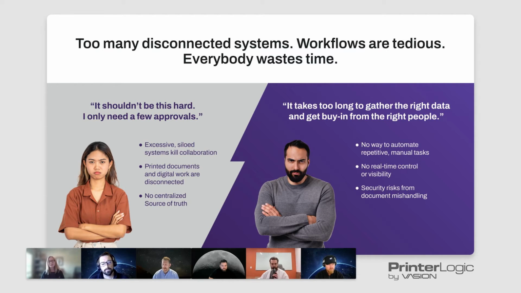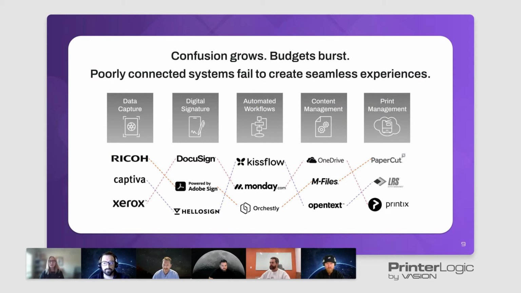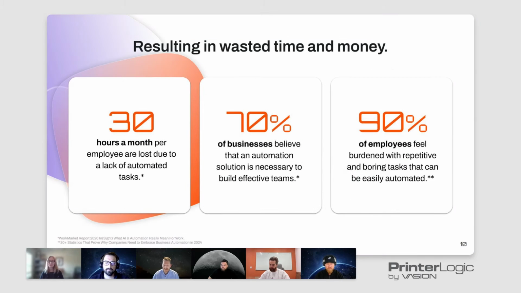But getting your processes done quickly, along with gathering that right data, is so important. Poorly connected systems fail to create that seamless experience that we all desire. There's a learning curve, which creates confusion, and of course, those growing costs that are associated with having so many different applications. All of this results in wasted time and money.